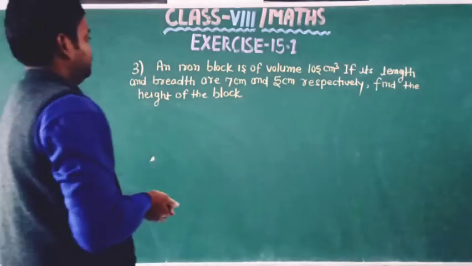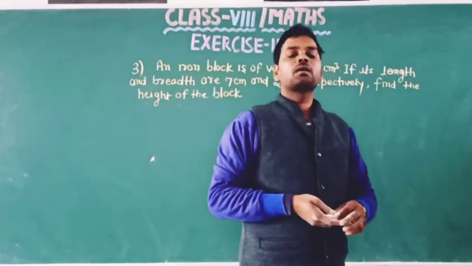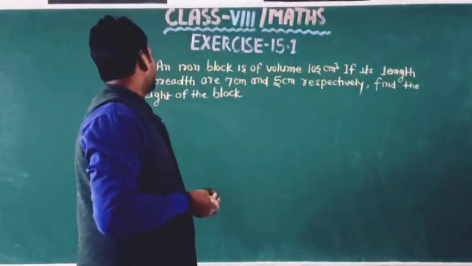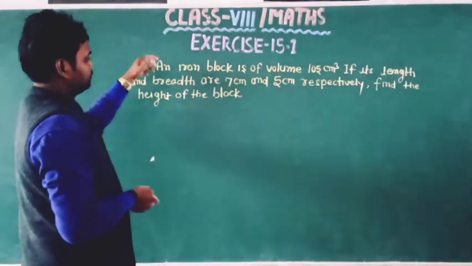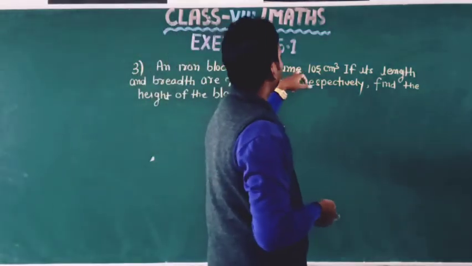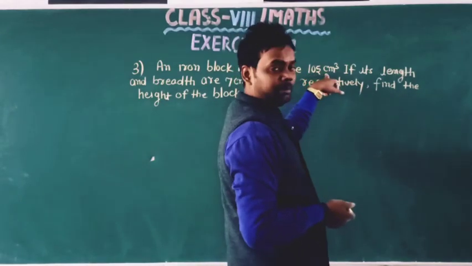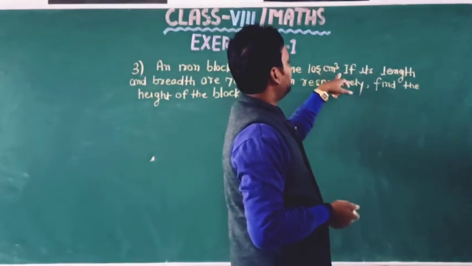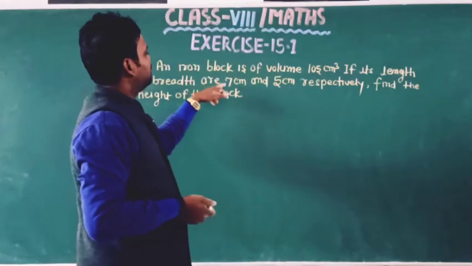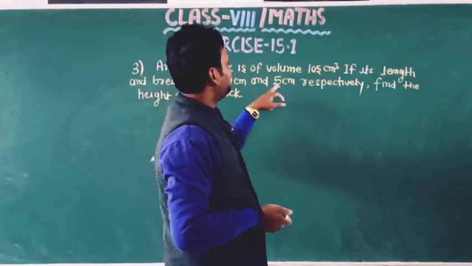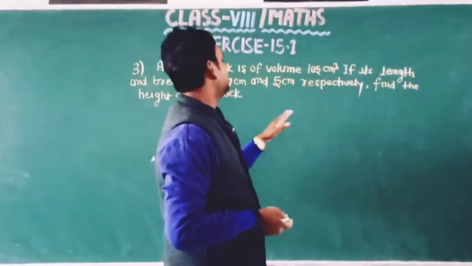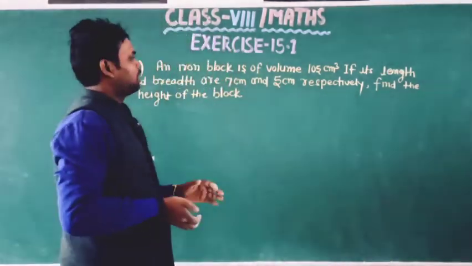Okay children, now move to question number 3. In this question we are given an iron block of volume 105 centimeter cube. Its length and breadth are 7 centimeter and 5 centimeter respectively, and we need to find the height of the block.